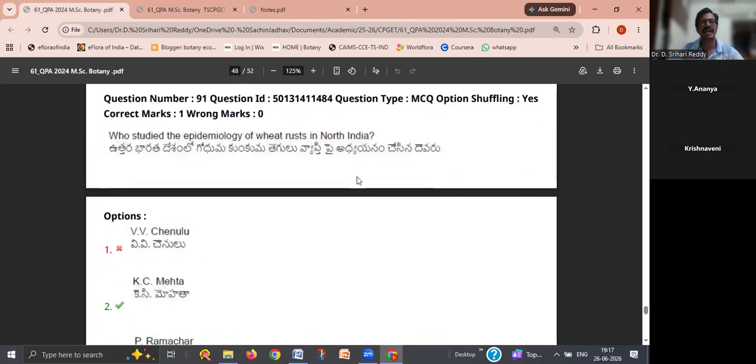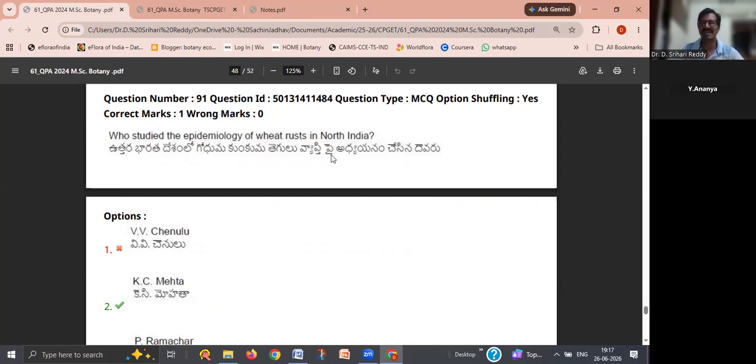Next, who studied the epidemiology of wheat rusts in North India? In North India, wheat is cultivated on a large scale compared to South India. And there is one famous disease called rust of wheat.